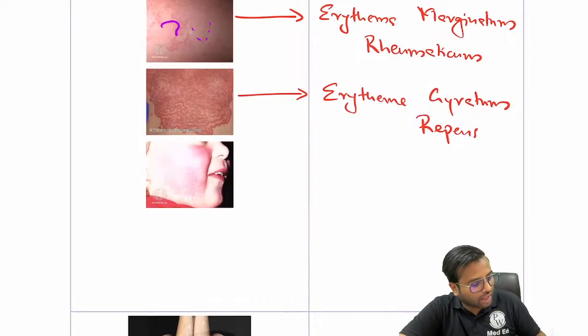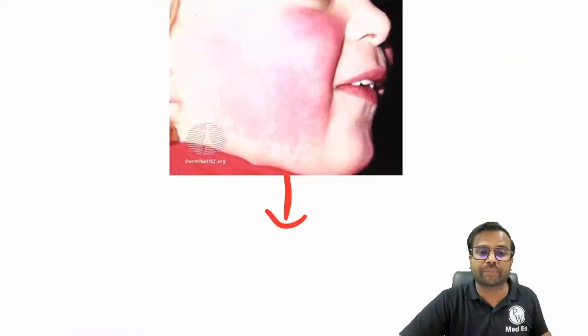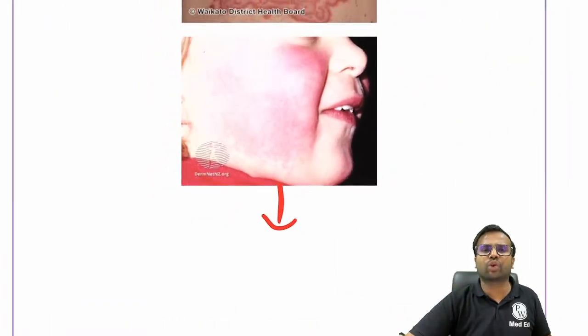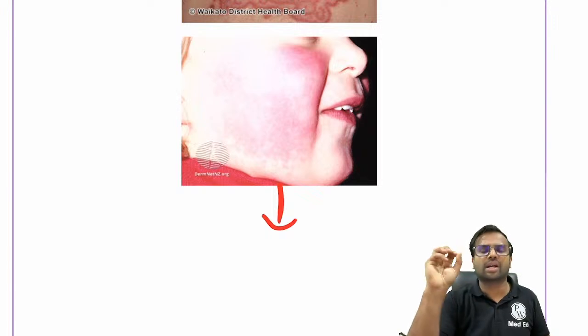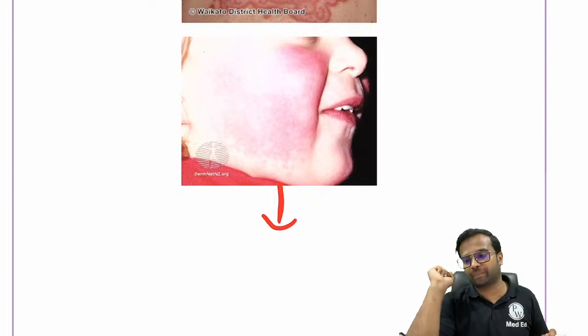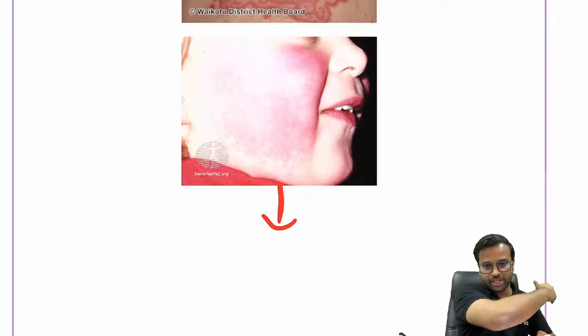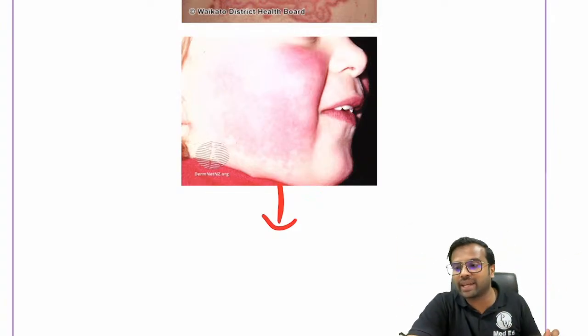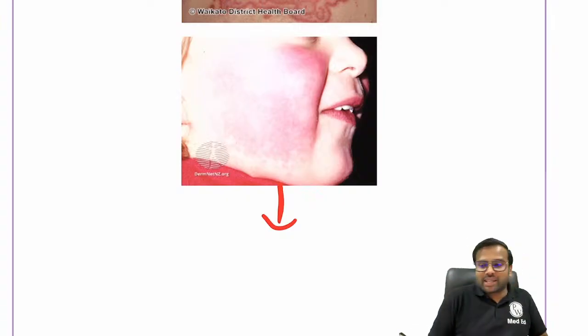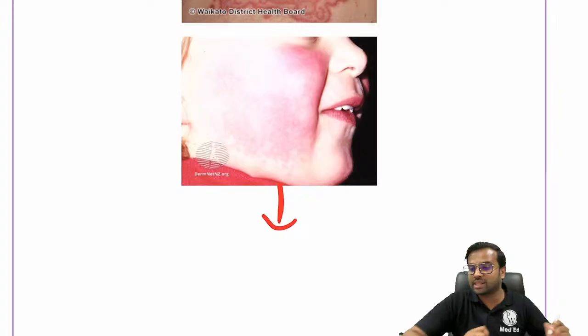And the last erythema that we have here is in a child who has a red face, probably with fever as well. If there is fever and it looks like a slapped cheek appearance, what is the name of this kind of erythema? Yes, slapped cheek appearance, I agree with Zoya. But what is that?